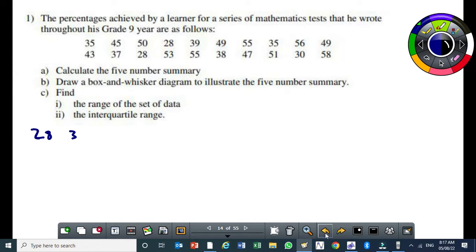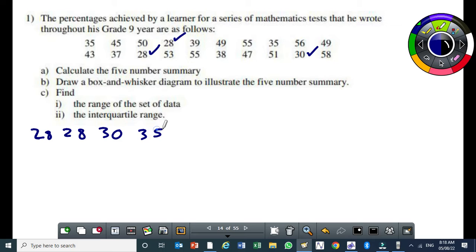Also, you must check how many times the value appears in the data set. So we have got our 28 there, and then we have got 28, then we have got 30, right? So we have got 30, then do we have 31, 32, 33, 35?